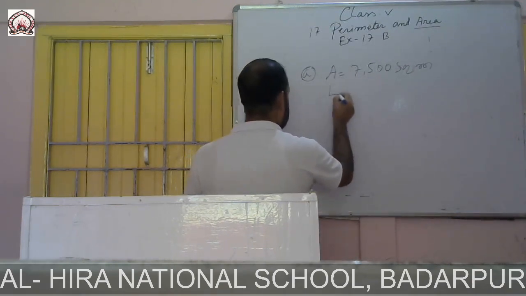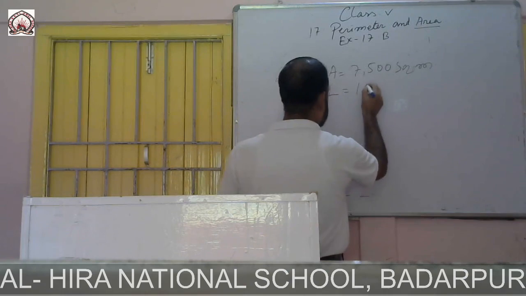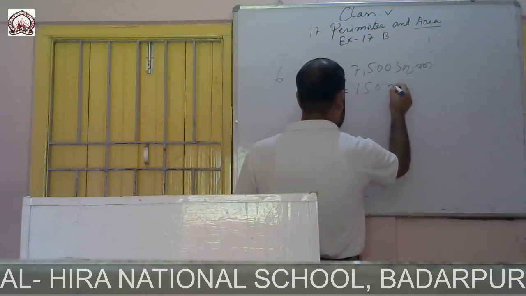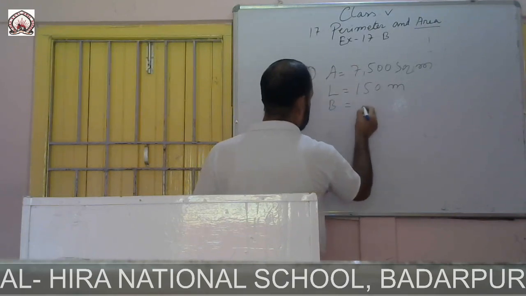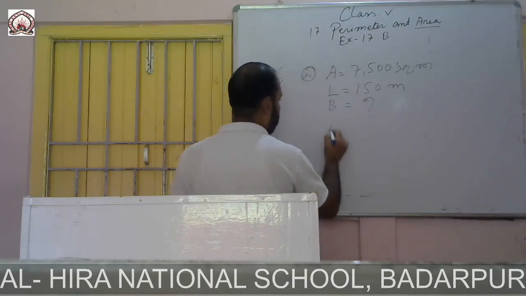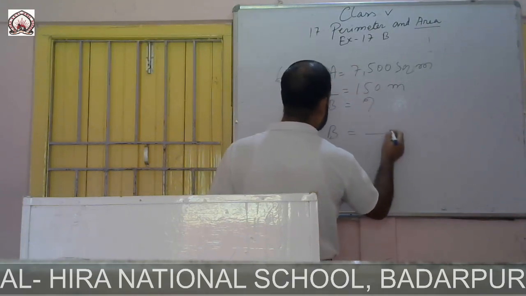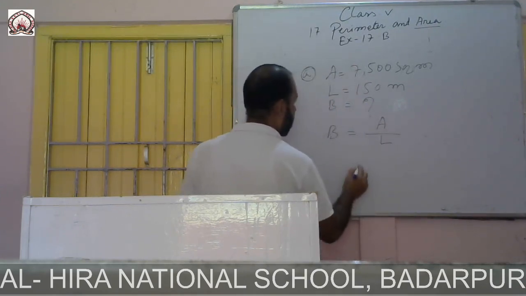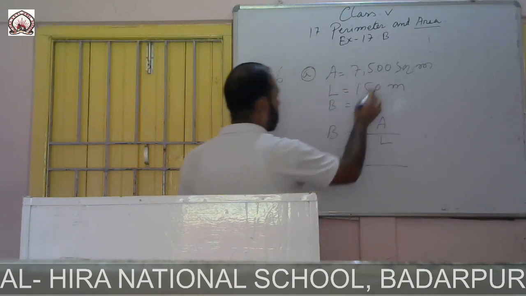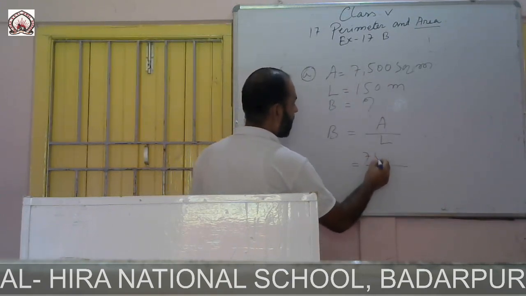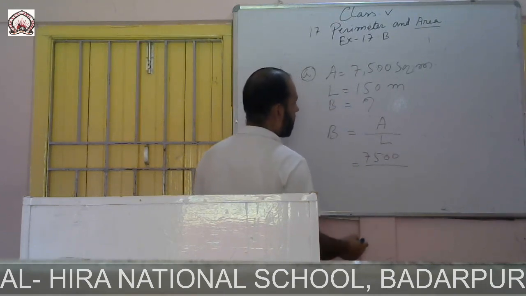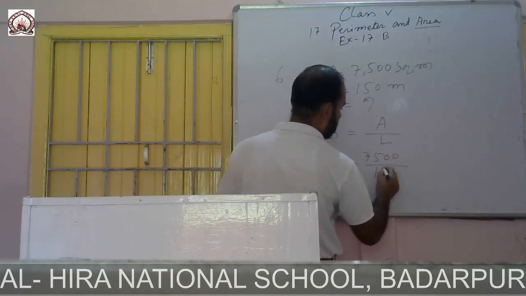Length equal to 150 meter, and we take out breadth. So breadth equal to area by length. So here area equal to 7,500 and length equal to 150.